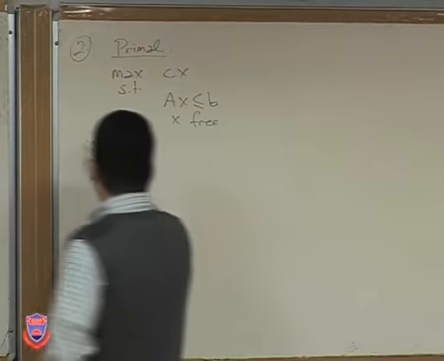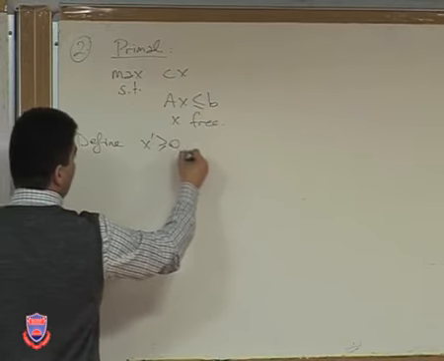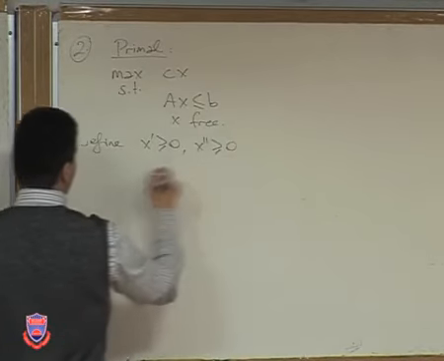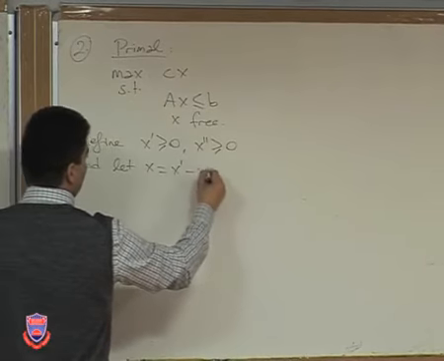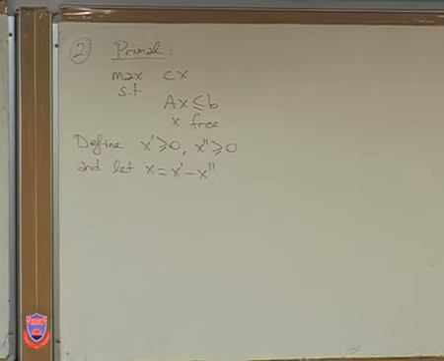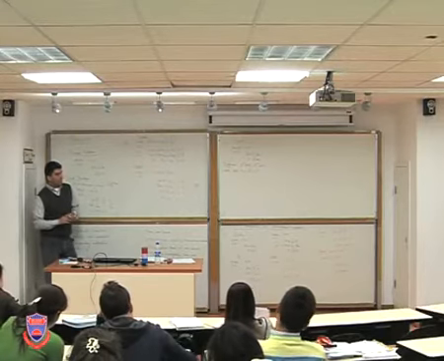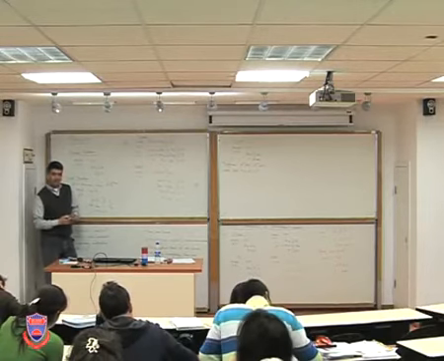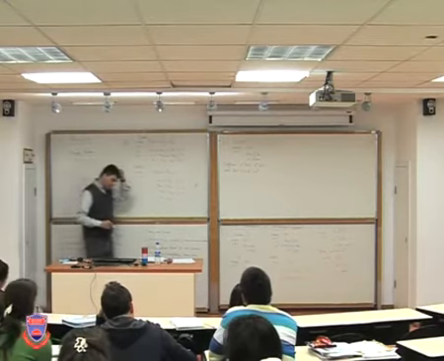So I'm going to define two non-negative variables, x prime and x double prime, and let x be given by the difference of these two. Now, if I write each free variable as the difference of two non-negative variables, then my problem will actually look like this one. So let's do that.